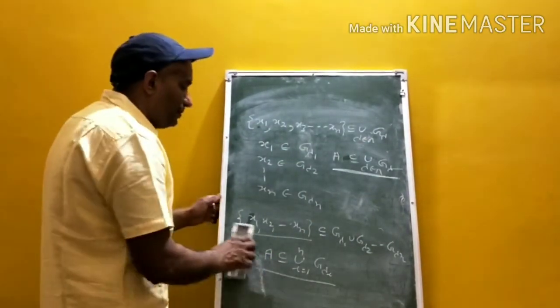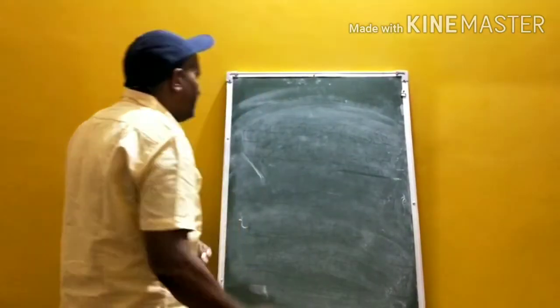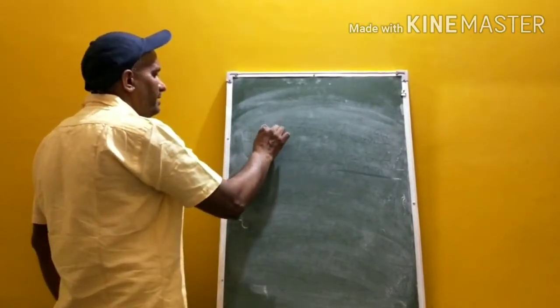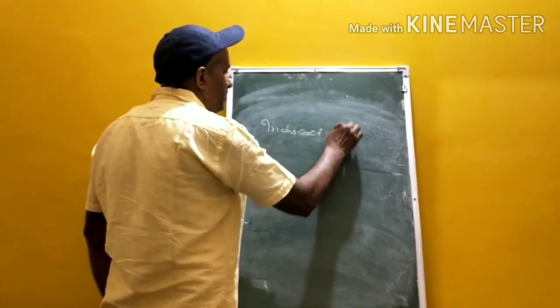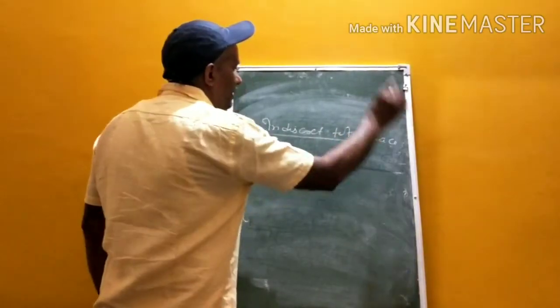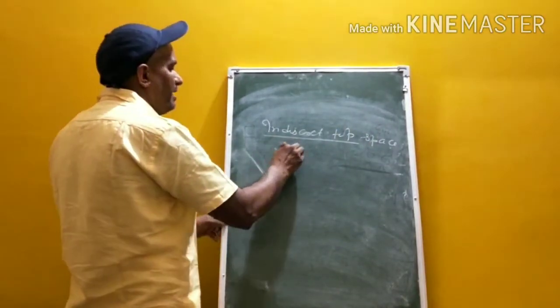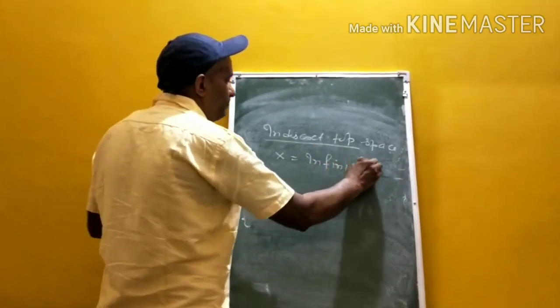Now we come to another example: an indiscrete topological space is always compact. Suppose X is an infinite set.